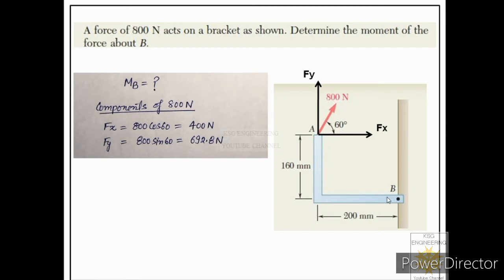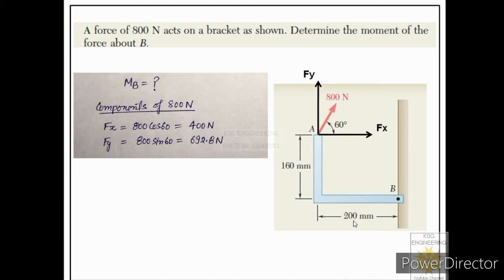So let us see where the length is given for that moment arm. That is given here as 200 millimeters. It means for force Fy, moment arm is 200 millimeters. So moment generated by this component about point B will be given by 692.8 multiplied by 200. So that is the magnitude.